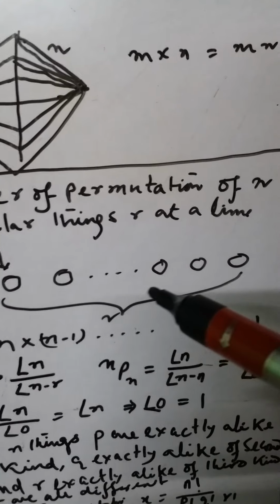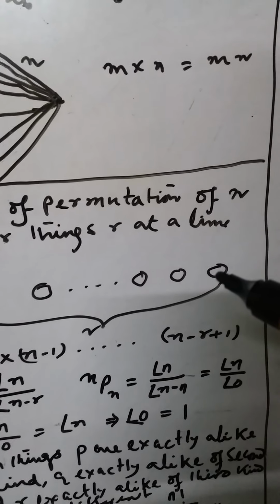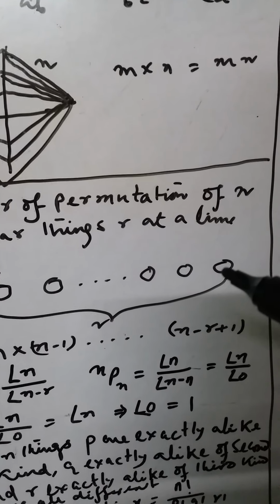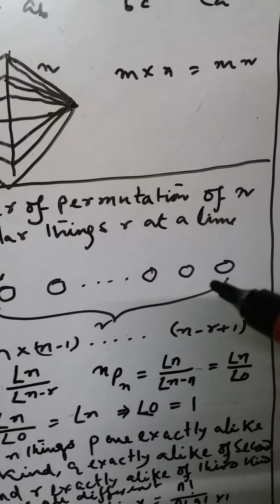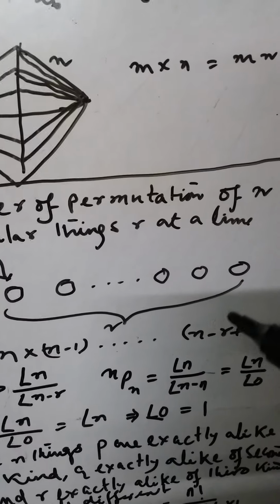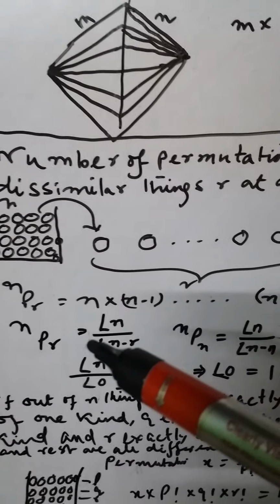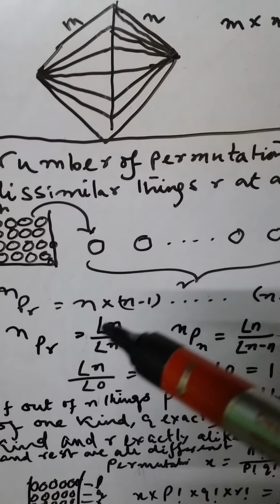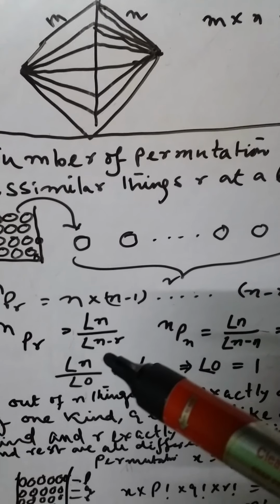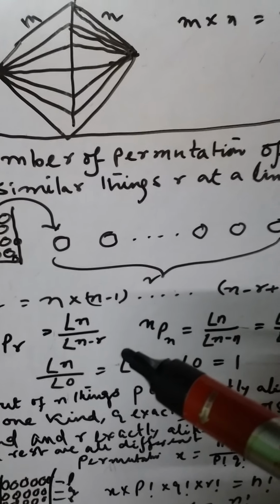So definitely the rth hole you can fill in n minus (r minus 1) ways, that is n minus r plus 1. So nPr equals factorial n by factorial n minus r.